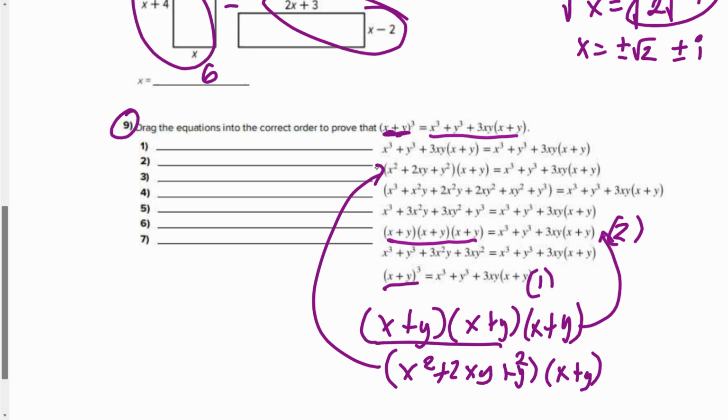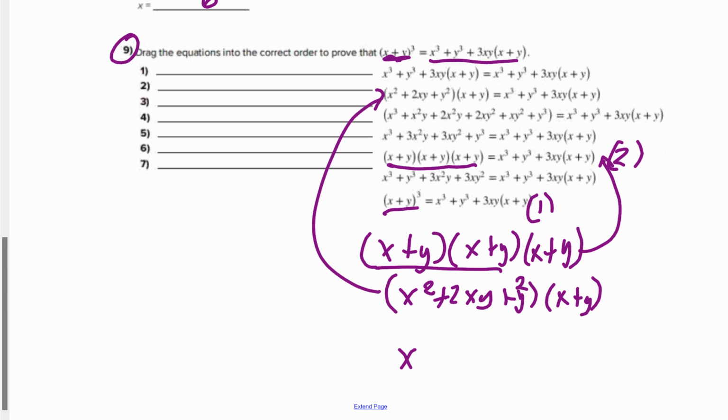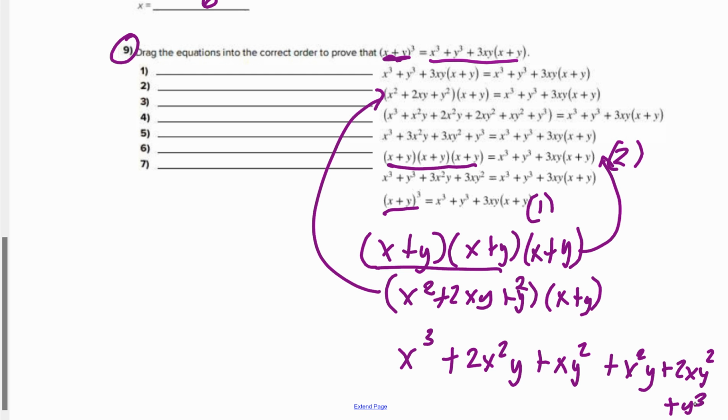And then if we FOIL that out, we get 8x cubed plus 2x squared y plus xy squared. Distribute the y now, and we get a plus x squared y plus 2xy squared, and then plus y cubed.